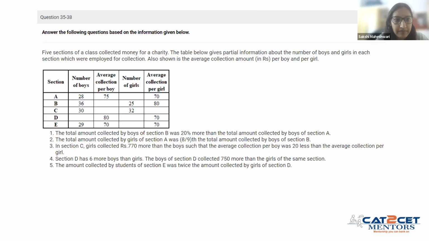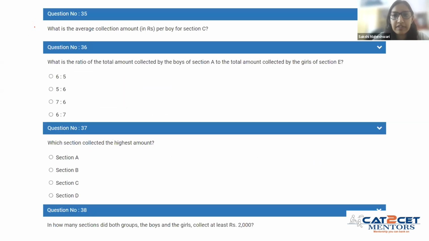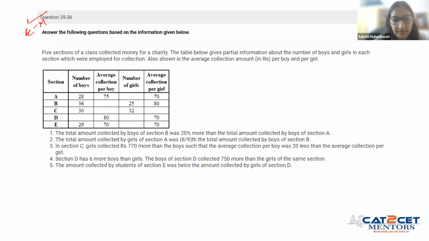For example, for B, this is given A. You have a lot of conditions for all of the sections, so this should also be simple. Easy to medium, right? Because you'll need to fill in the values and then you can calculate the answer to all the questions. Cool?